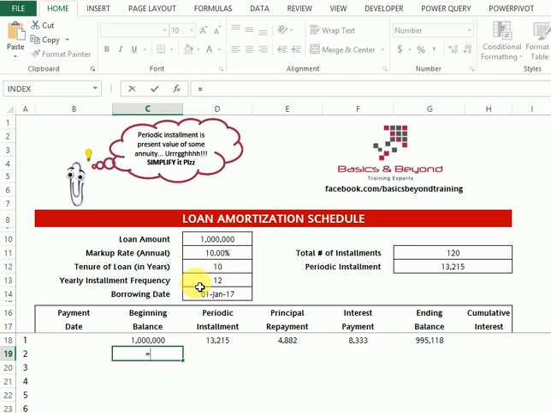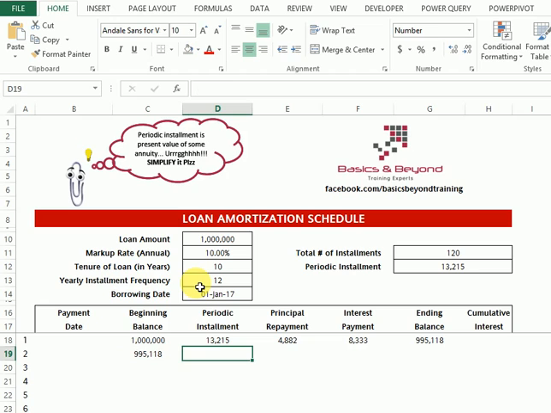For the next installment, the beginning amount will be the previous installment's ending amount. The periodic installment will remain the same. The interest function, copy it down.